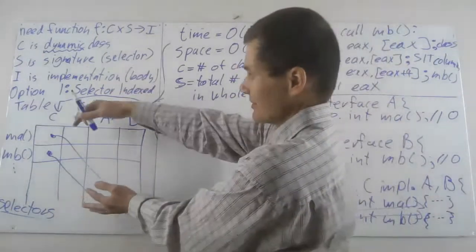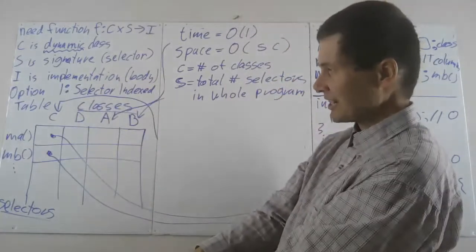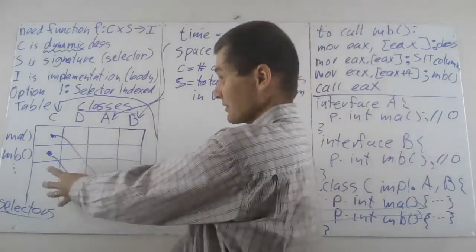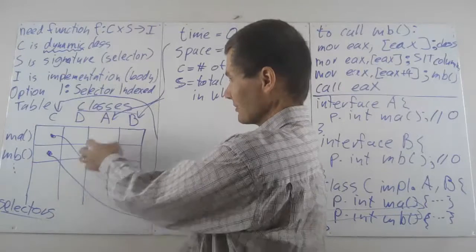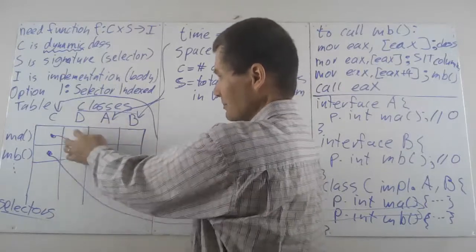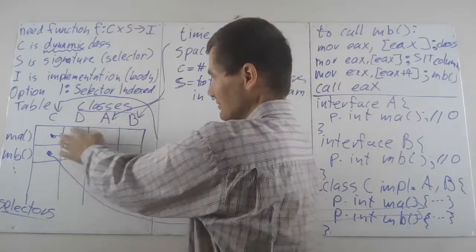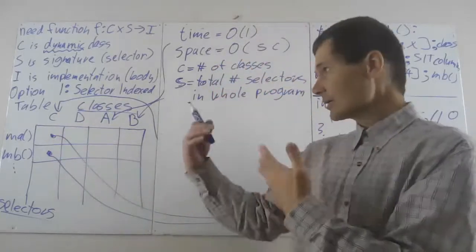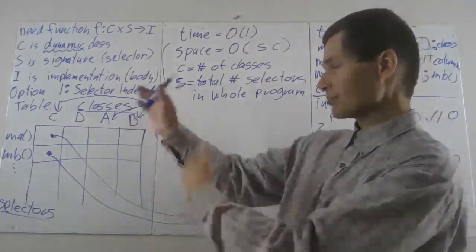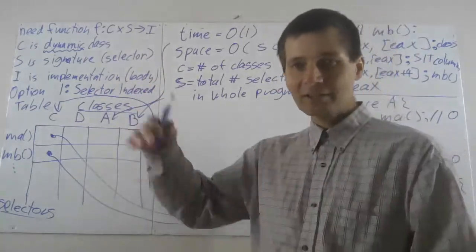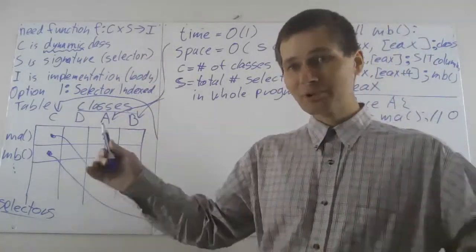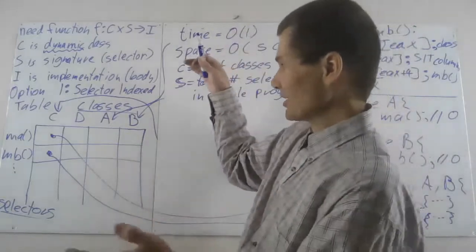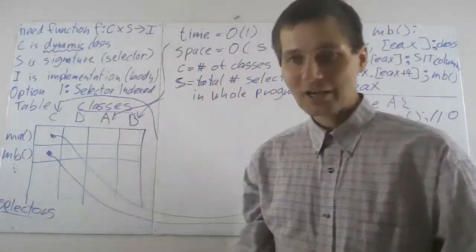The point is, this table is quadratic size, but most of the entries are empty because, say, class D maybe doesn't have methods MA and MB. So most of these entries would be null. And so you could try to compress the table in various ways. And there was a bunch of people that did their PhDs on how to compress these tables.